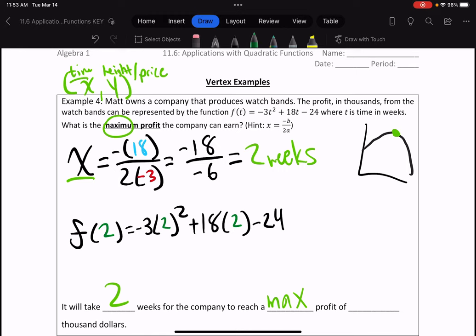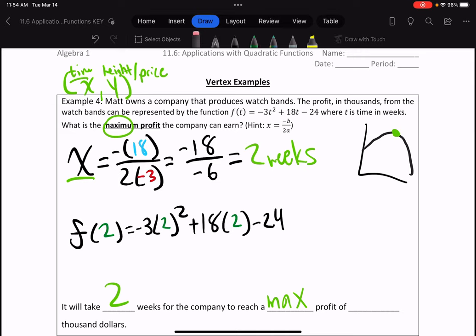In my calculator, I've got negative 3 times 2 squared plus 18 times 2 minus 24. And make sure that you plug everything in correctly. So make sure at that beginning you're using a negative instead of a minus.